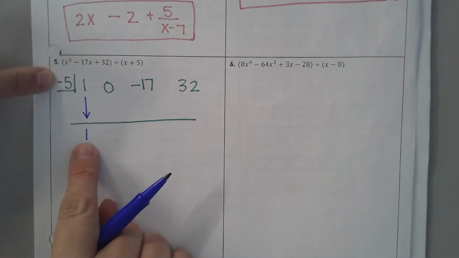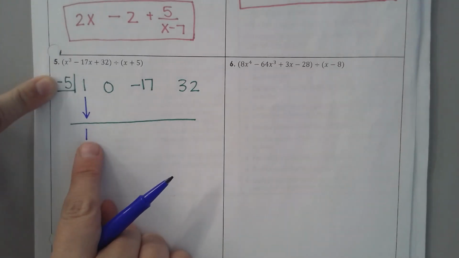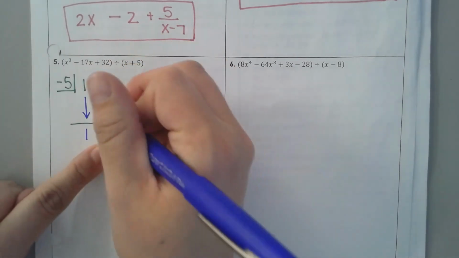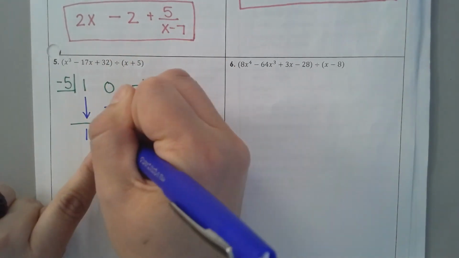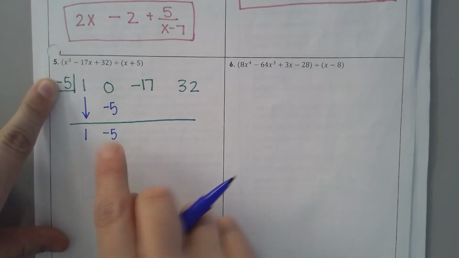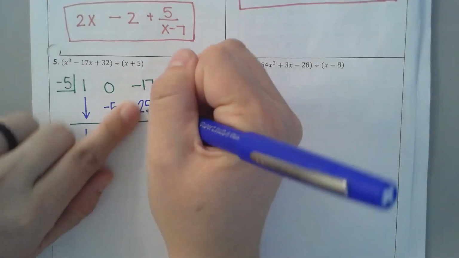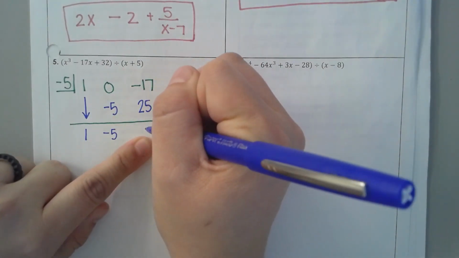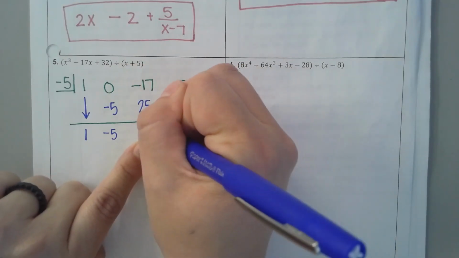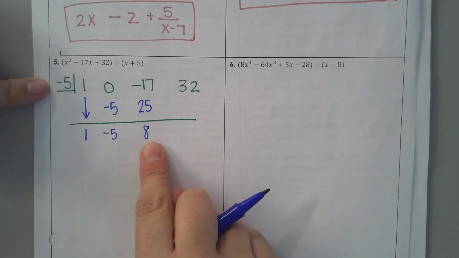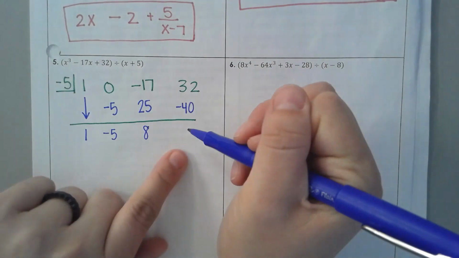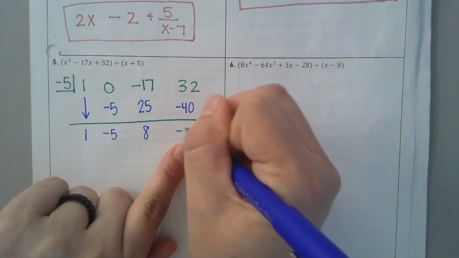And then you multiply. What do I get when I multiply? And then I add to get -5. And then I multiply to get 25. Add. I get what? 8. Multiply. Negative 40. Add. Negative 8. Good.